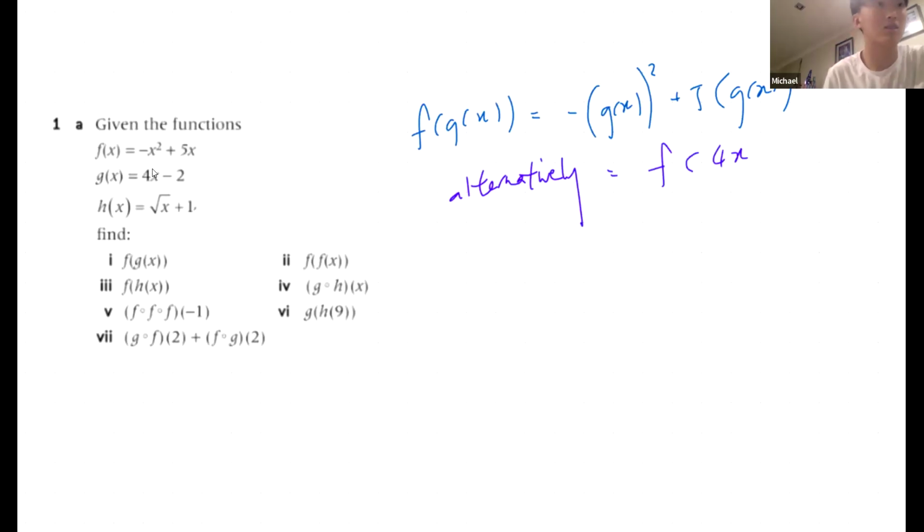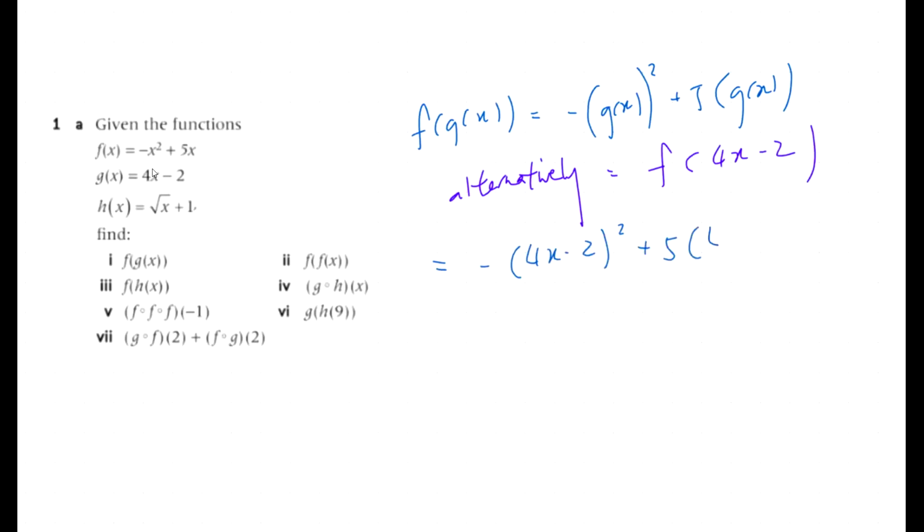Treat it like this, okay? But anyway, altogether, it's going to be negative (4x minus 2) squared plus 5(4x minus 2), right?